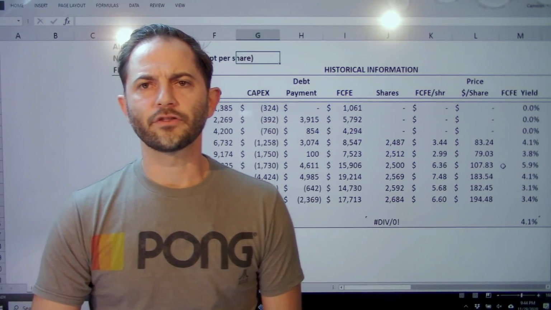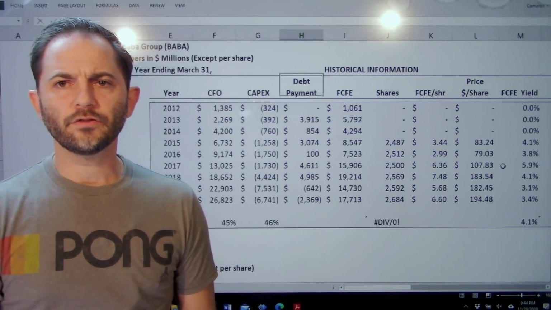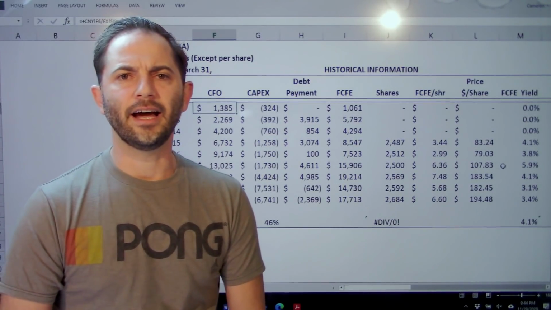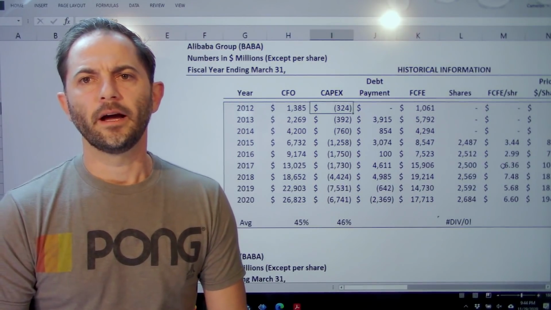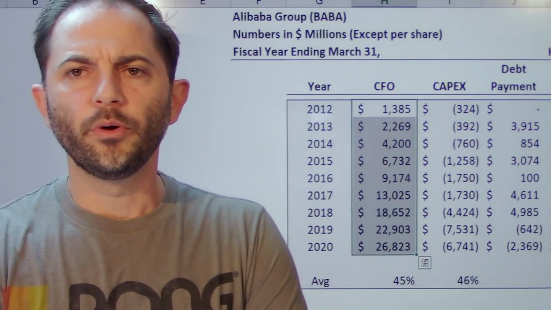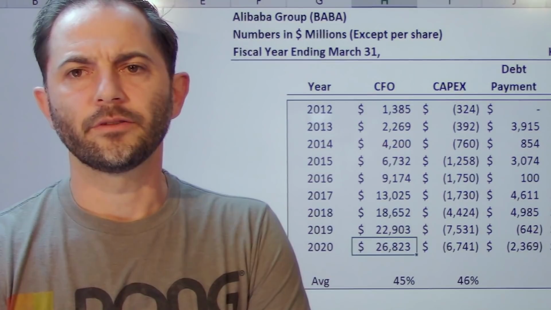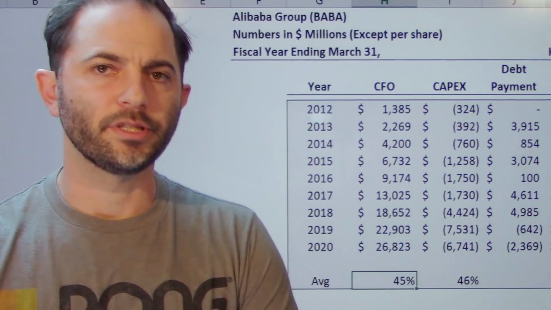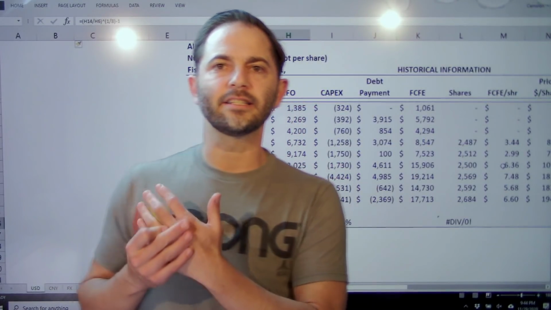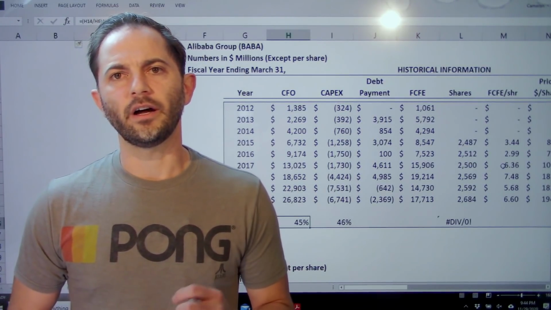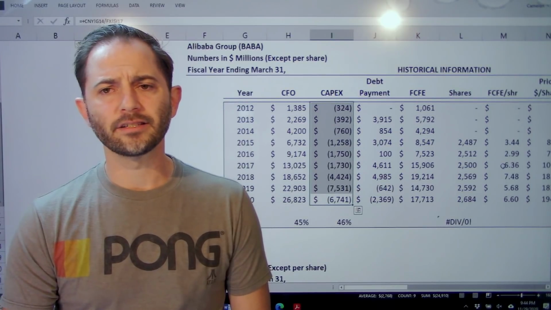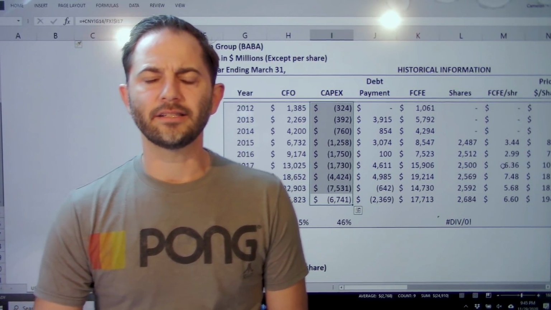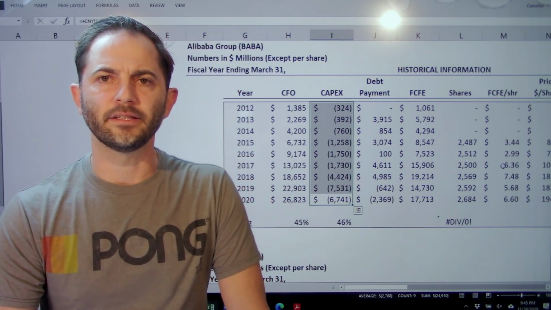Let's go through cash flow from operations. Over the 9 years they've had, let me move this over so you can see a little easier, it's gone from $1.3 billion to $26 billion, a growth rate of 45%. That growth rate dovetails nicely with the 50% growth rate that we saw in the EBITDA. CapEx is very, very low. It does not take them a whole lot of money to put back into this infrastructure.